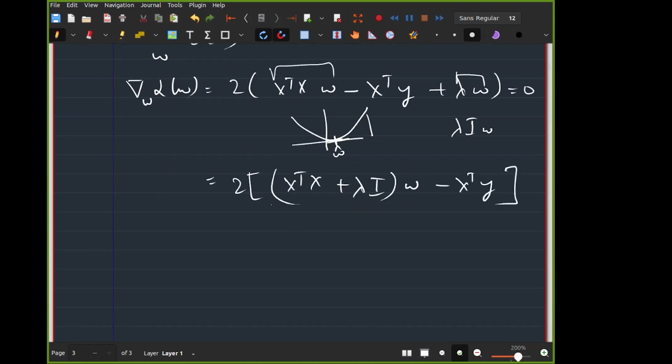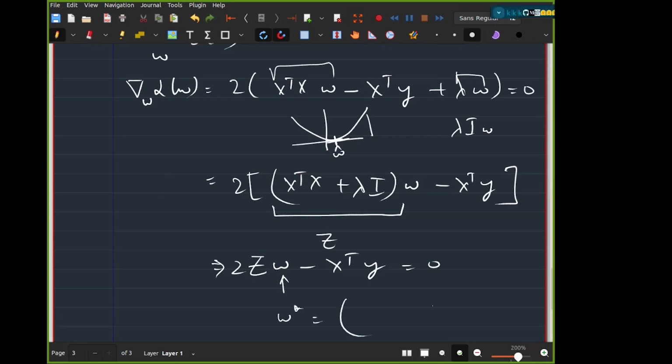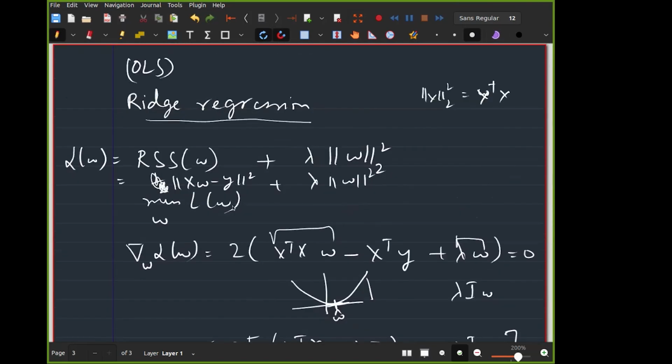Now it's simple again. You can just say that this quantity is some matrix, let's say some matrix Z. So you just have twice of Z times W minus X transpose Y equal to 0. And of course, you can derive for W, right? You have some W star equal to something. So again, doable, not that complicated. And by the way, this lambda here, in this loss function, is a hyperparameter.